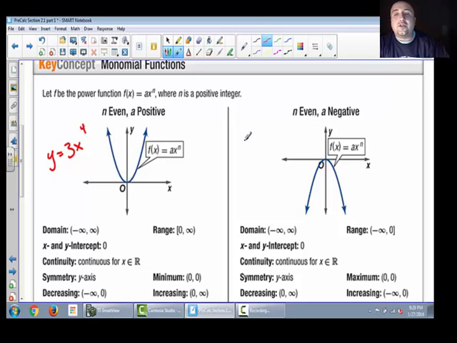Now, on the other hand, if a is negative, so negative 4, and your n is even, so x to the second, it's going to be flipped upside down. Remember, if you put a negative in front, it's going to reflect over the x-axis, so it's going to look like that.